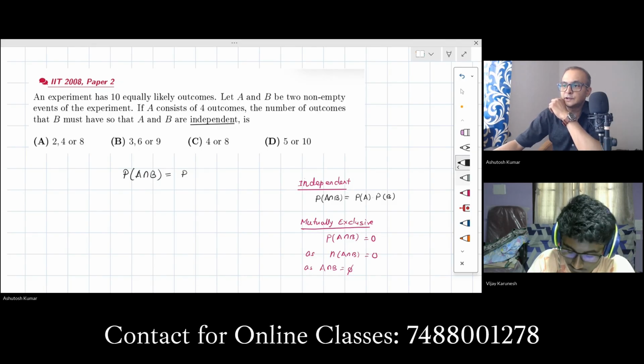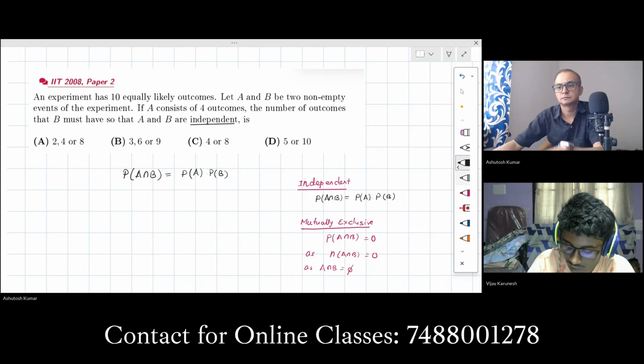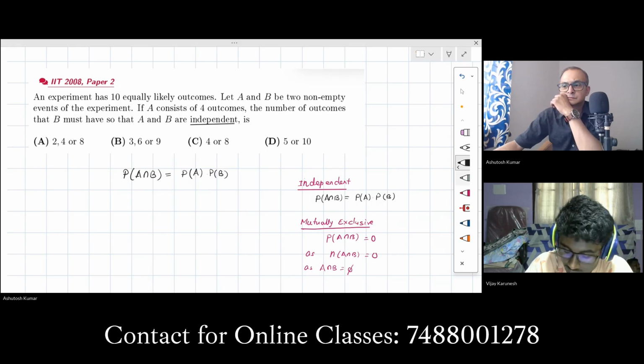Okay. So P(A intersection B) is what? You can write P(A) into P(B). Yes, sir. But what is this thing? This is probability of A intersection B, which is number of A intersection B by number of total sample space.